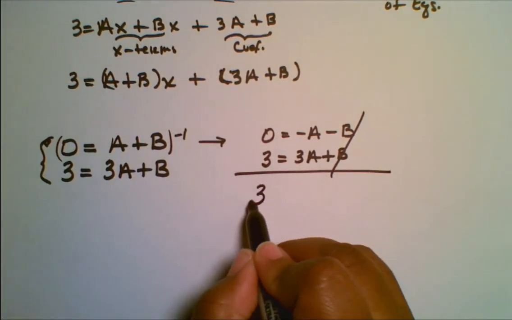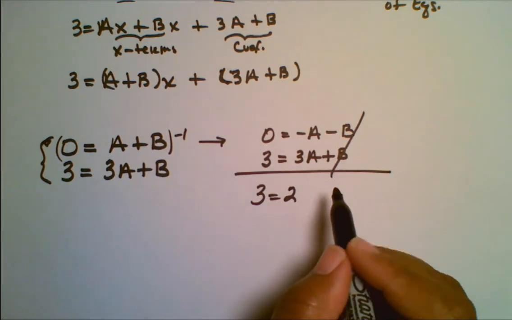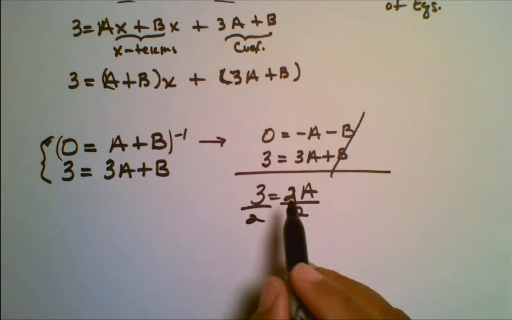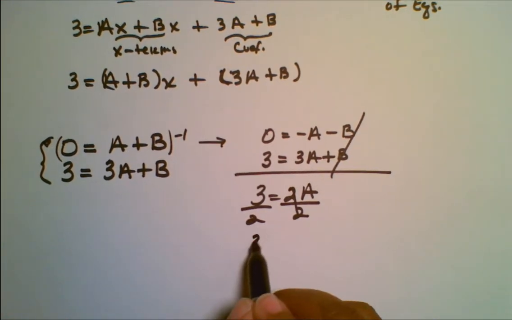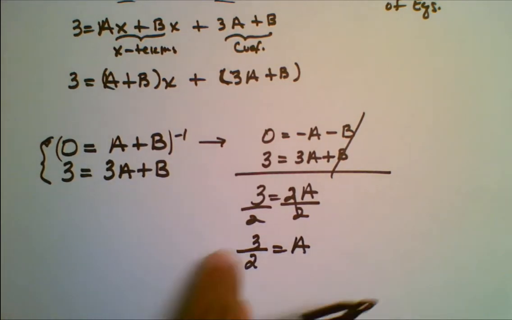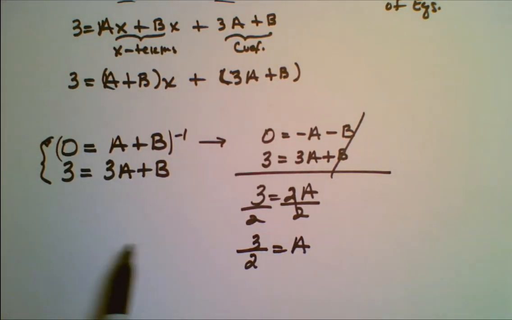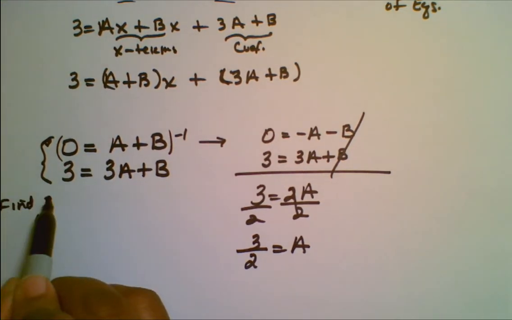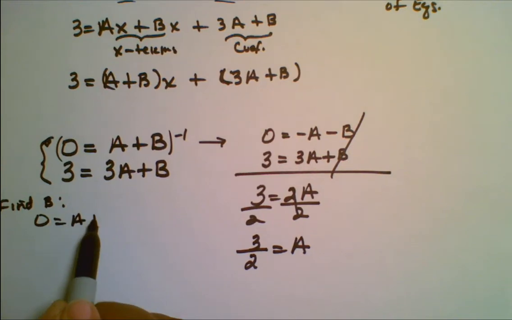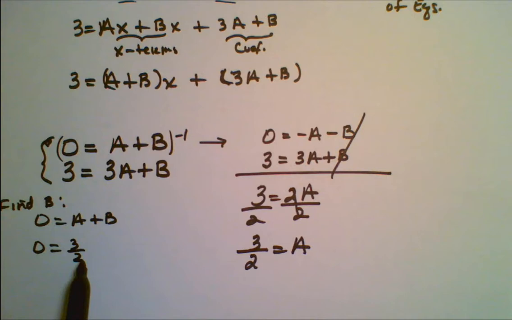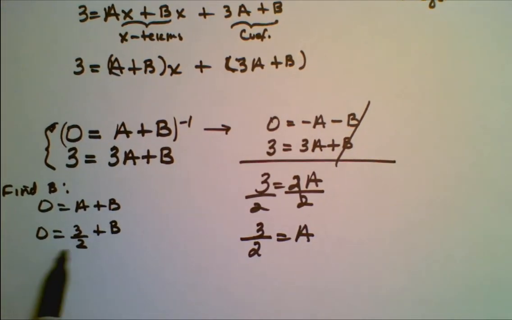We have 3 is equal to 2A, divide by 2, and we have 3 over 2 is equal to A. And then let's find B. So we'll use the first equation: 0 is equal to 3 over 2 plus B. I'm going to multiply every term by 2.